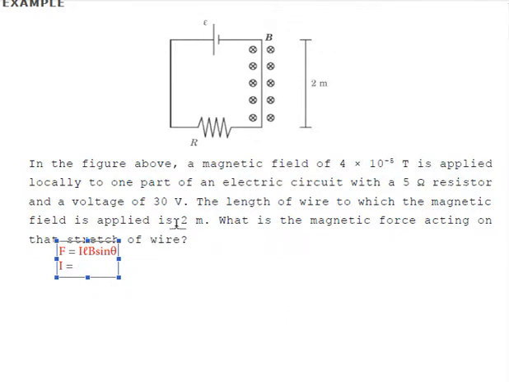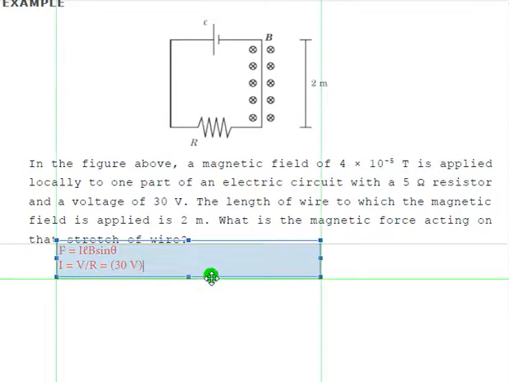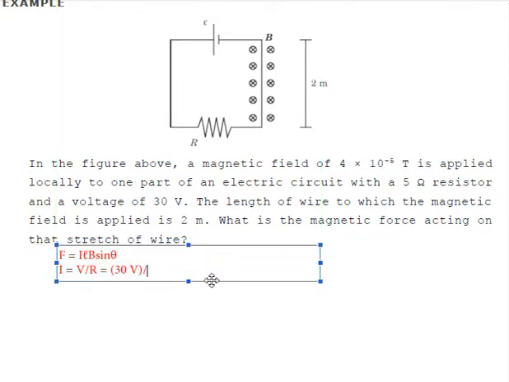So we have to go back to Ohm's law and use 30 volts and 5 ohms. So we have I equals V divided by R. So 30 volts. And we need to divide that by our 5 ohms. So now we know we have a current of 6 amps.